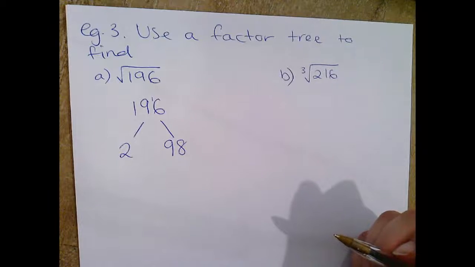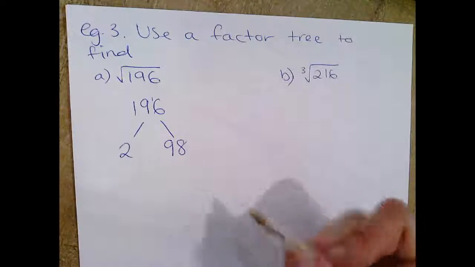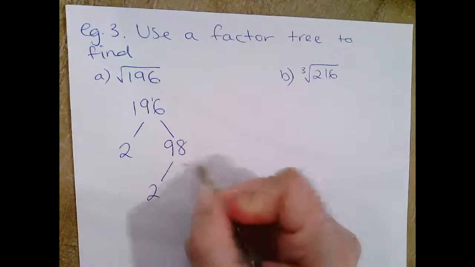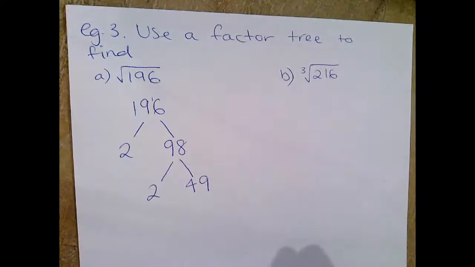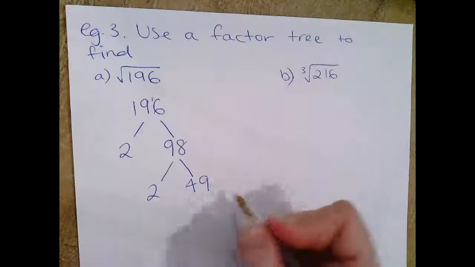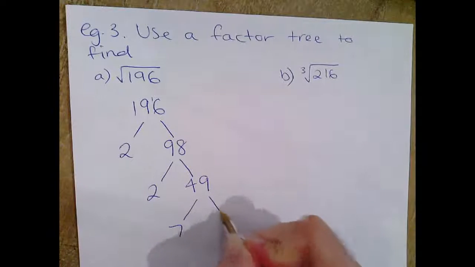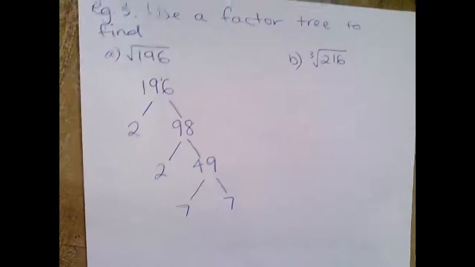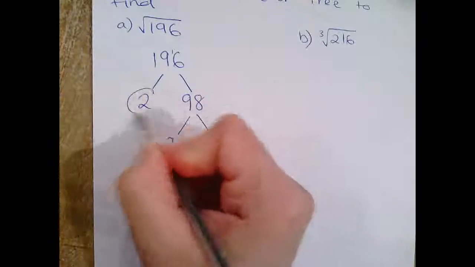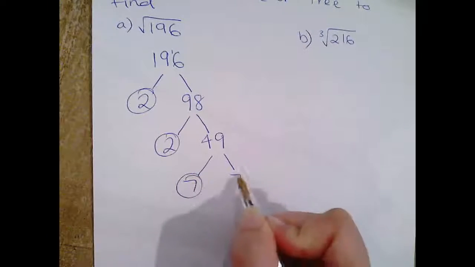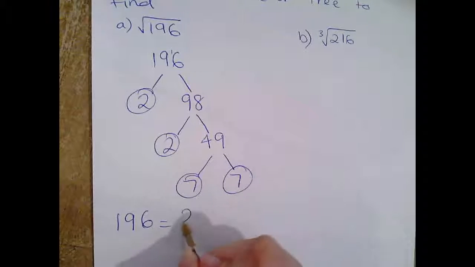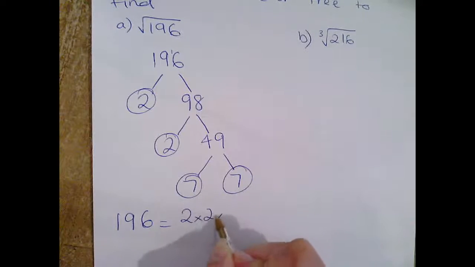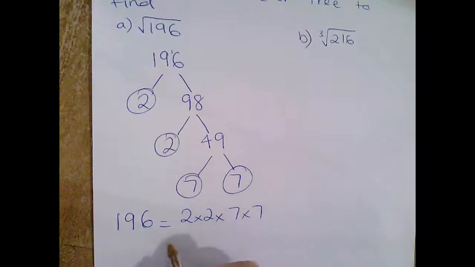So 98. 98 again is an even number, so 2 and 49. 49 is 7 times 7. 7 is a prime number, so I know that 196 can be written as 2 times 2 times 7 times 7, or 2 squared times 7 squared.